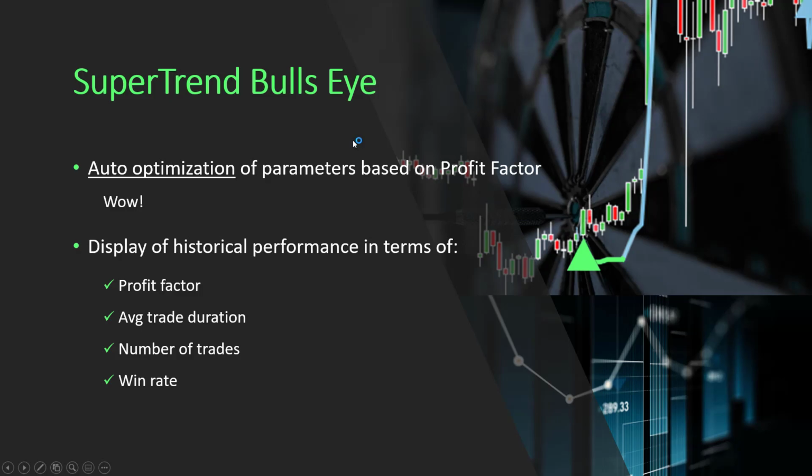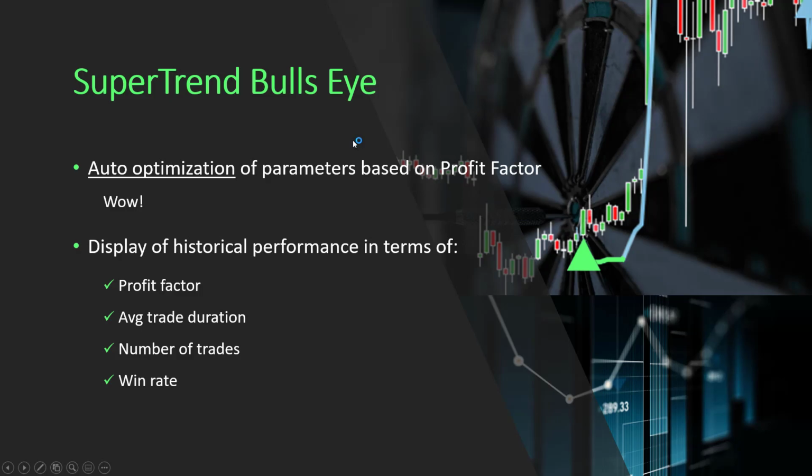So auto-optimization means it will find the best settings for the ATR period parameter and for the multiplier parameter for you. And depending on the symbol you're working off, and depending on the time frame you're working off, these settings will be different, and they will always be chosen to yield the most profitable outcome. So how does SuperTrend Bulls Eye do this?